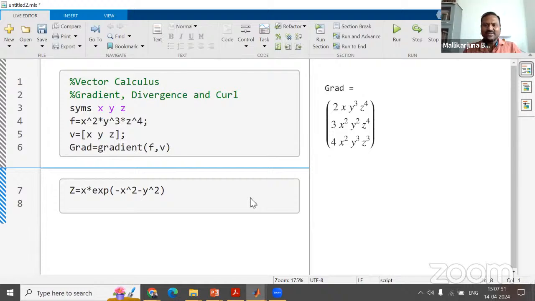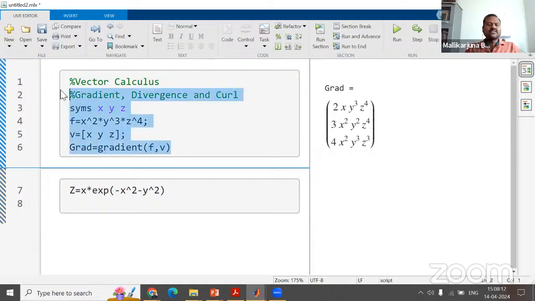Why I am taking two-dimensional means four-dimensional visualization is difficult. But if suppose a function is in terms of two variables, then we can visualize its output with a three-dimensional diagram. That is why here I'm restricting with only two variables.